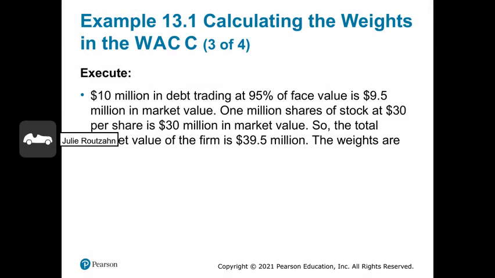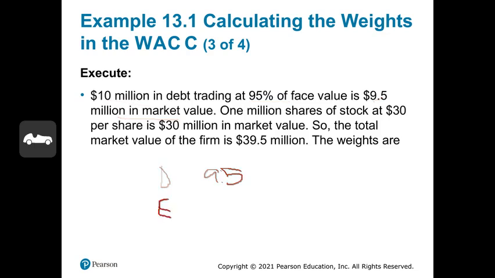To calculate the value of our debt, our market value, remember we're interested in market values. We're going to take the $10 million in debt, multiply it by the 95% of face value that it's trading at, and get a $9.5 million market value. So debt, make a little balance sheet, 9.5. Sorry, not good with writing with my mouse. And then we got the equity, right?